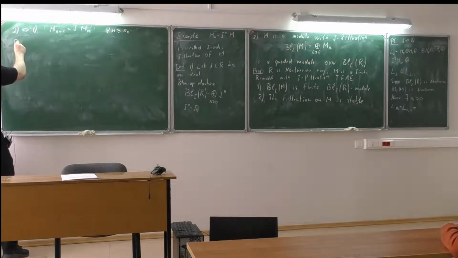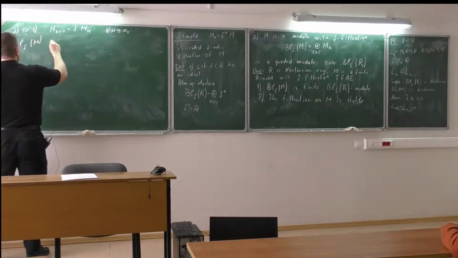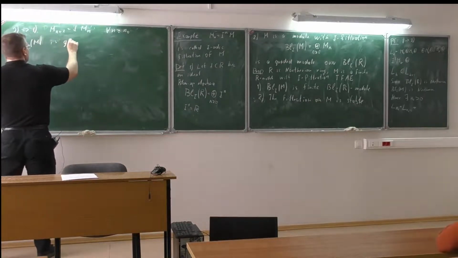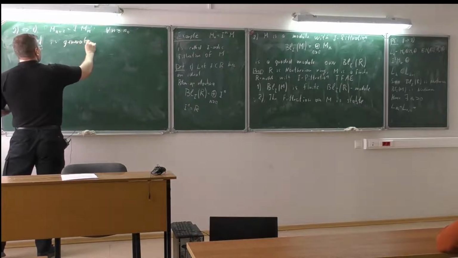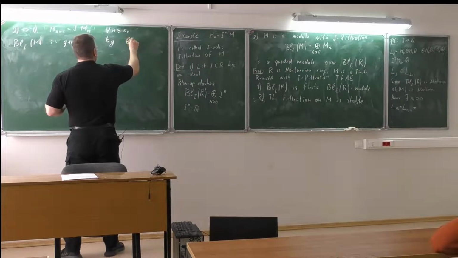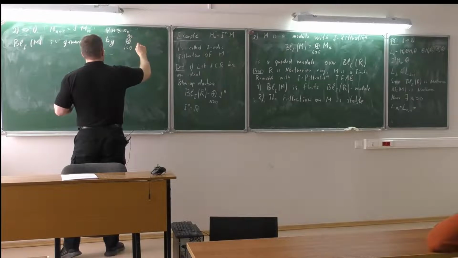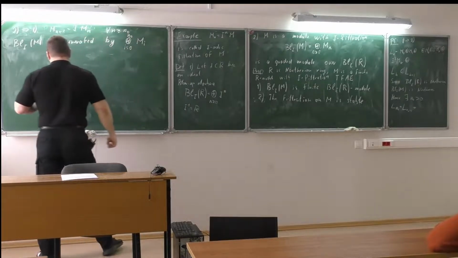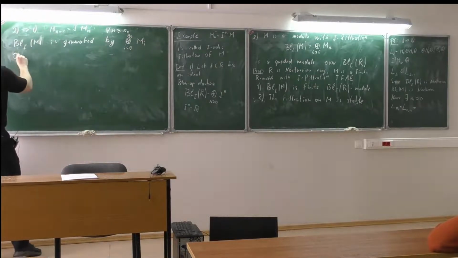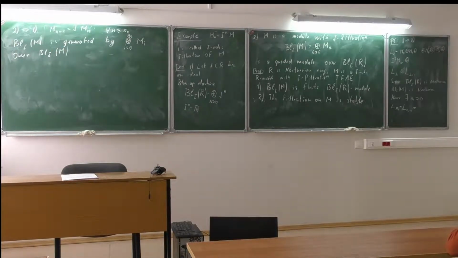Then I claim that the blow-up of the module is generated by the sum, i running between 0 and n0, of the Mi, over the blow-up algebra.